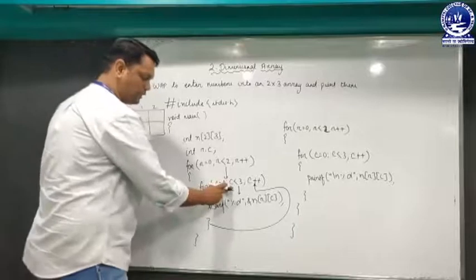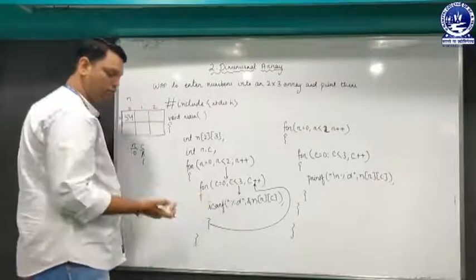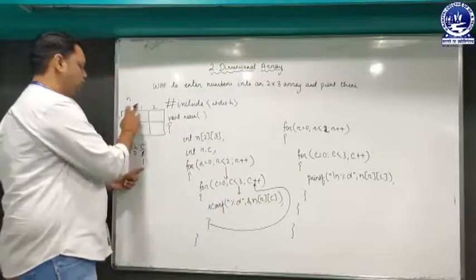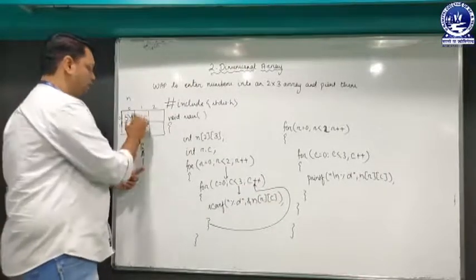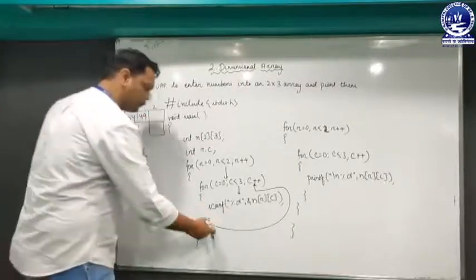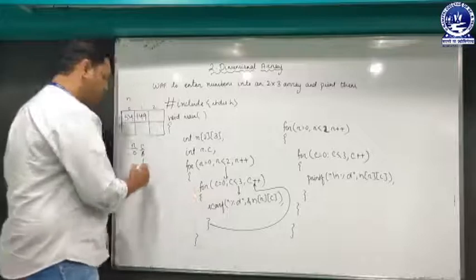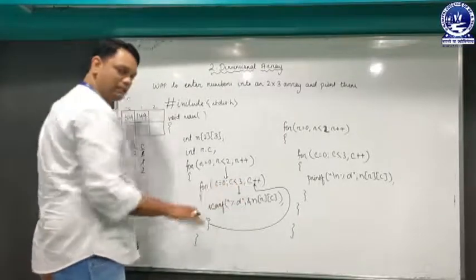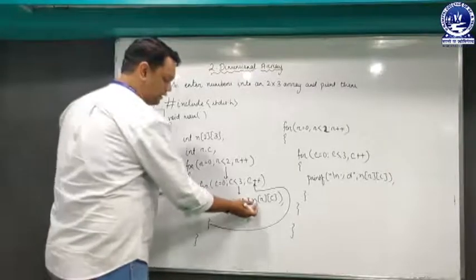So again it will check the condition, 1 is less than 3, yes, true. Again n of r c, that means 0, 1. So in case of 0 and 1, we have to enter another number. Let's say the user has entered 149. So similarly it will go to c plus plus, so c will have 2. So 2 is less than 3, yes, the condition is satisfied.